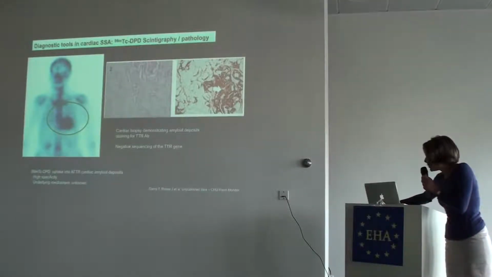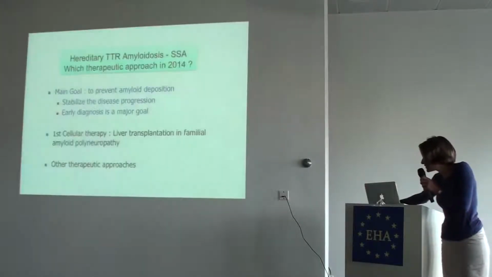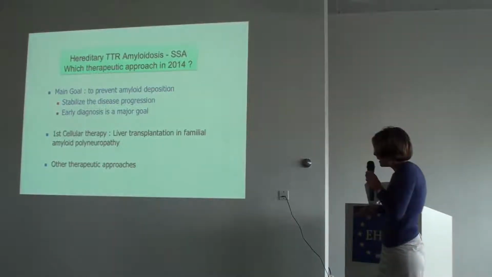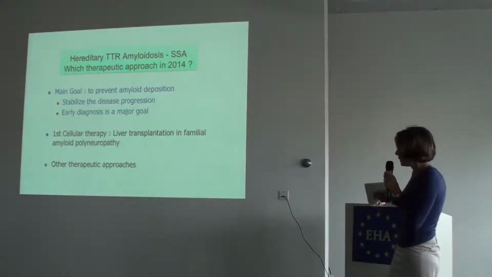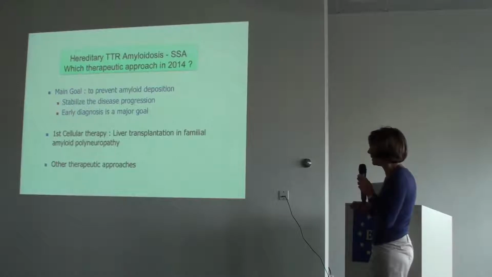So we now have potent tools to diagnose these patients, and it's likely that the rate of this disease will increase in the near future. Just a few words on some therapeutic approaches that are going on in these conditions.